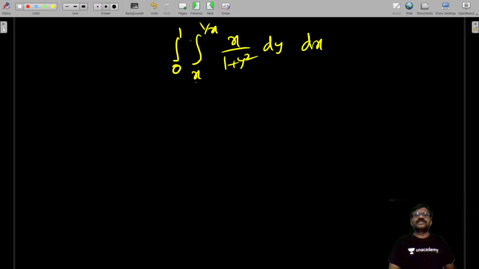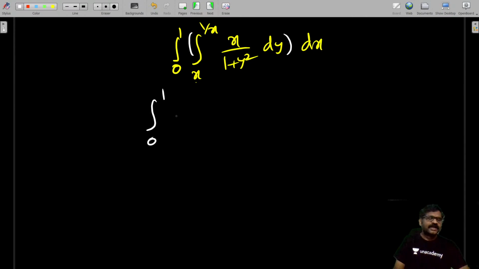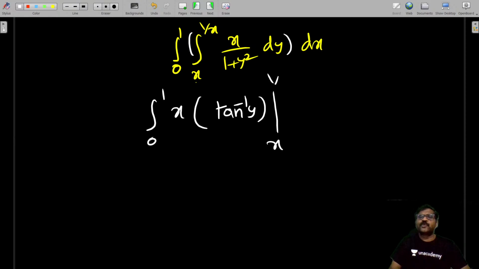First I am integrating with respect to y. Now integral 0 to 1, x into integral of 1 by 1 plus y square, which is tan inverse y from x to 1 by x, dx.